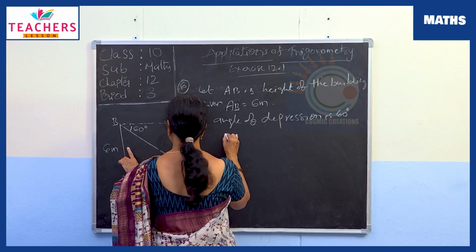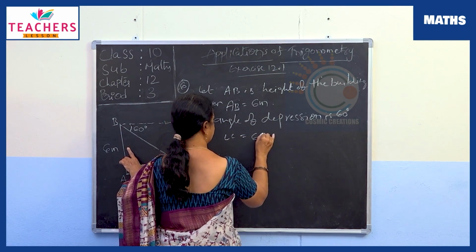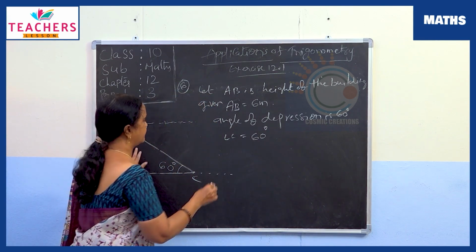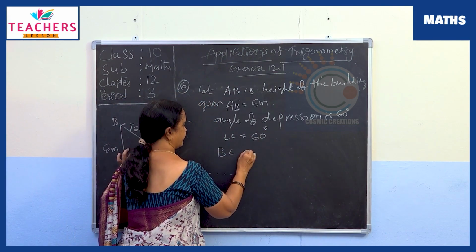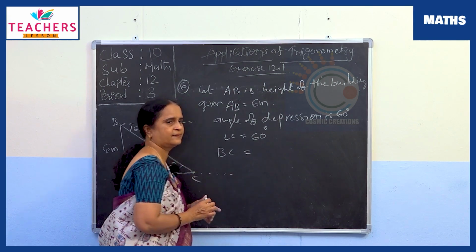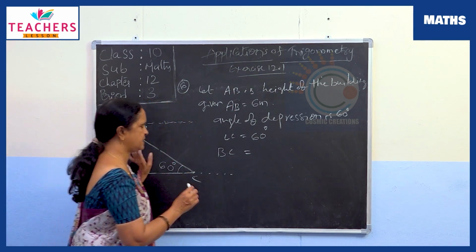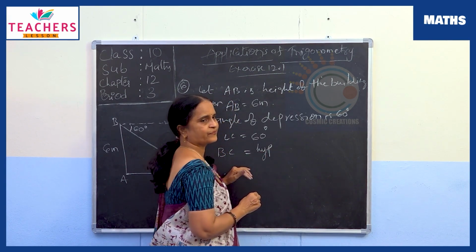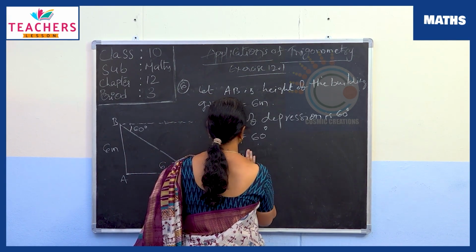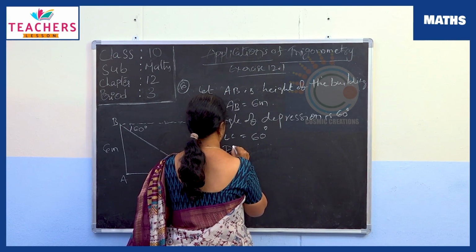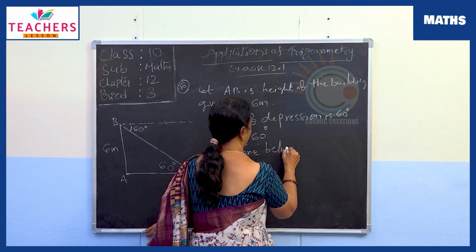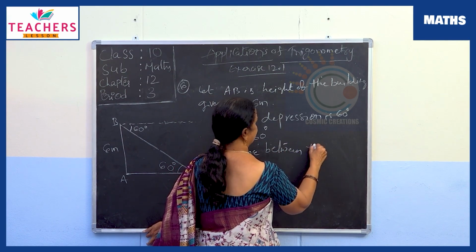Shall I write? Yes. Angle C is equal to 60 degrees. BC is what? BC is the hypotenuse. It is the distance between the object and you.